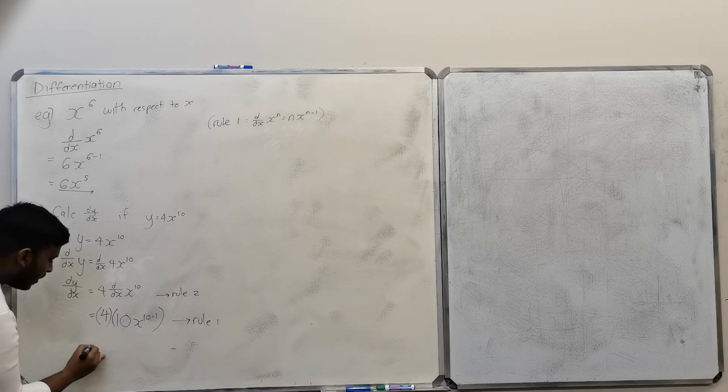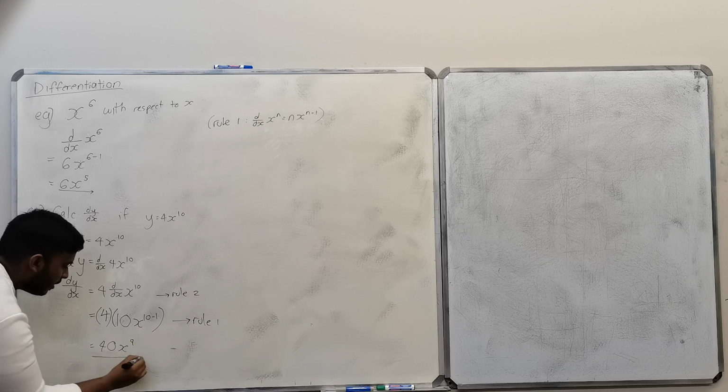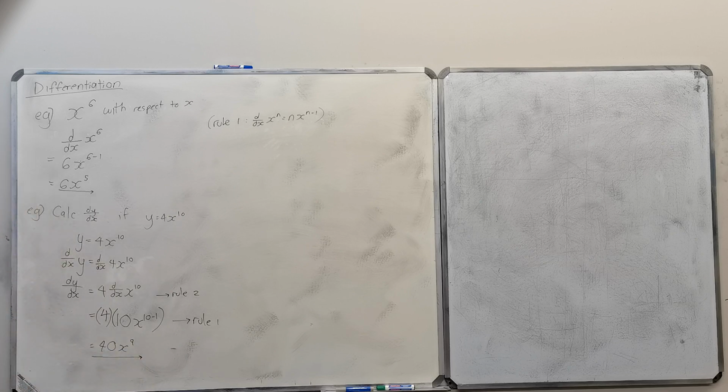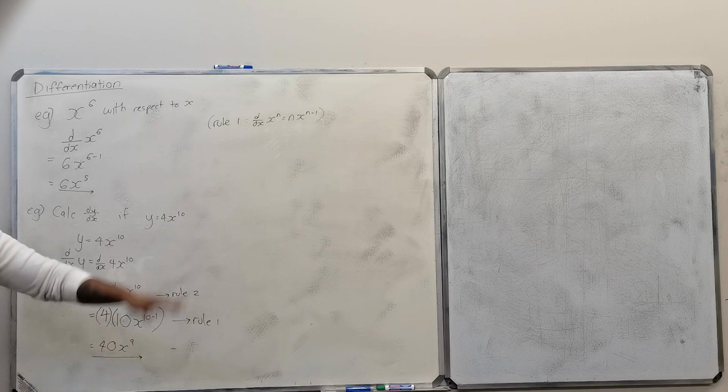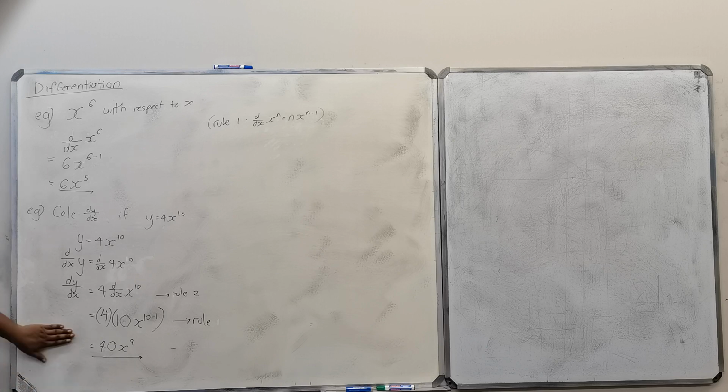So this would have been 40x to the power 9. If they asked you for first principles, you would have used the binomial theorem to solve for the whole thing, instead of the shorter method of just differentiating it using the rules.